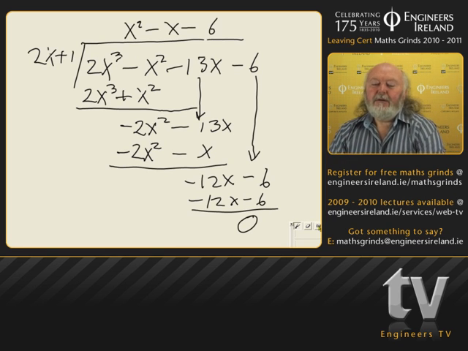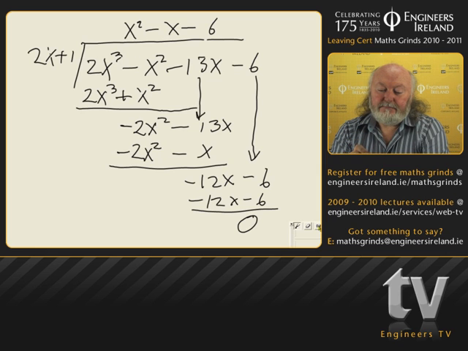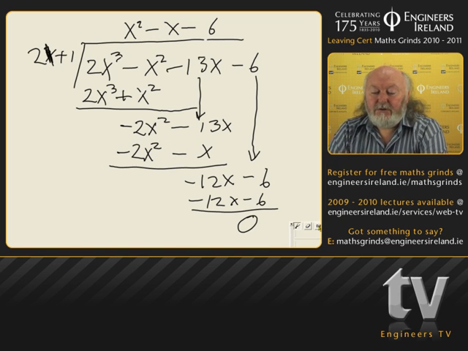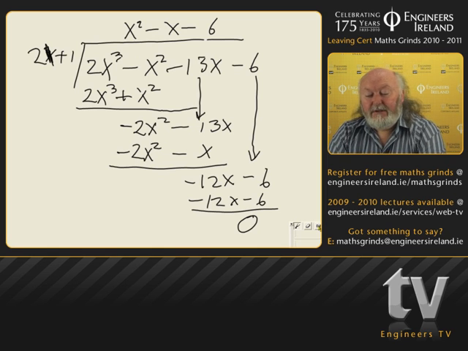Okay, what are we doing here? We're basically saying I want to divide this thing, 2x plus 1, into 2x cubed minus x squared minus 13x minus 6.